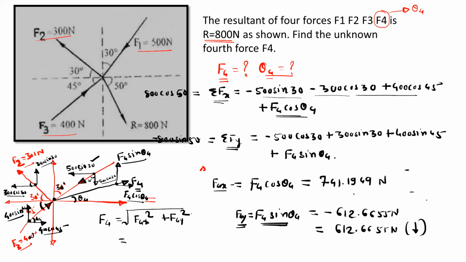Take the square root of F4x square plus F4y square, and you will get the answer for F4. So F4 value is 961.62 Newton.